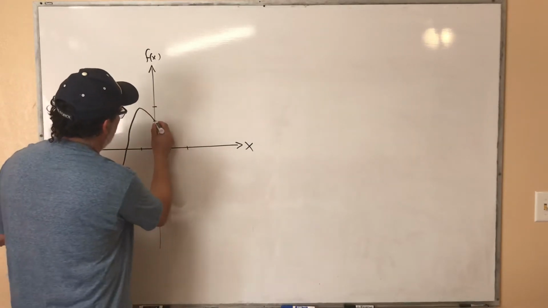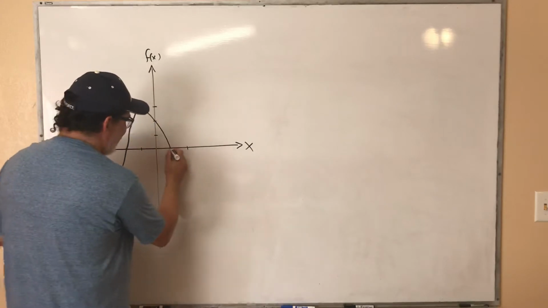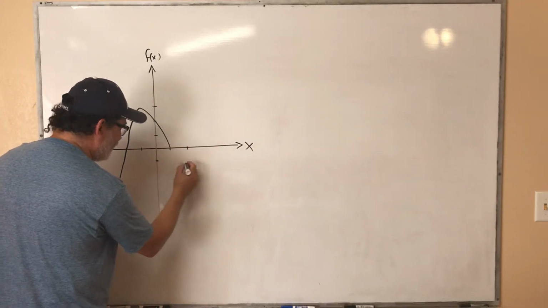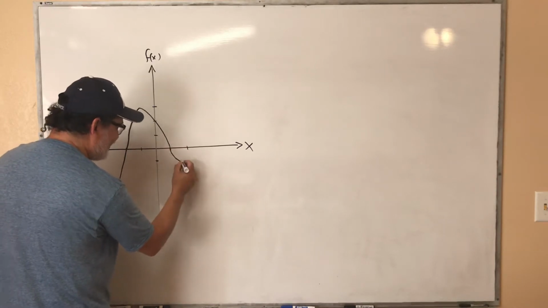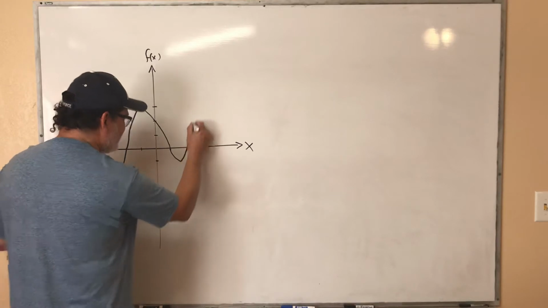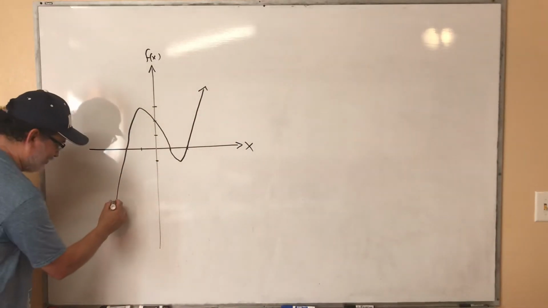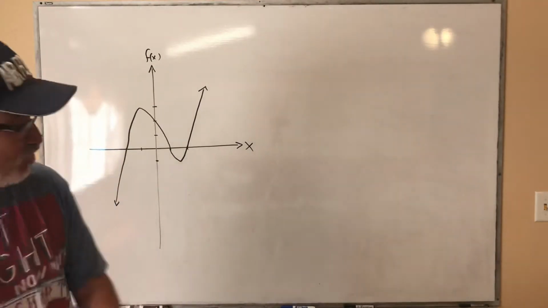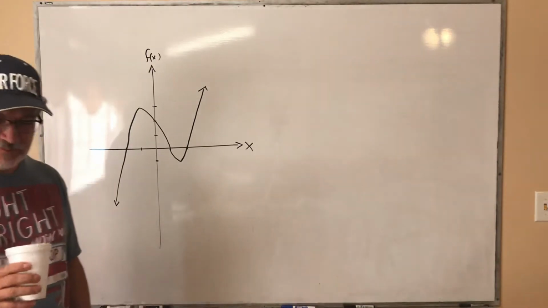And here I am going to go there. And here I'm going to say this is -1. And so I'm going to do this. And then I'm going to do this. Okay? You understand? This is definitely a function.